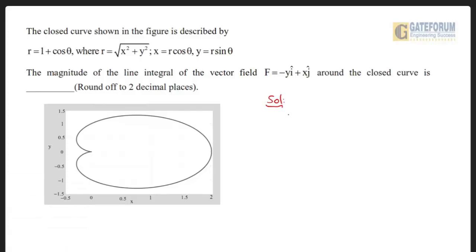So we know that here the cardioid C is a closed curve. This is the C curve actually.